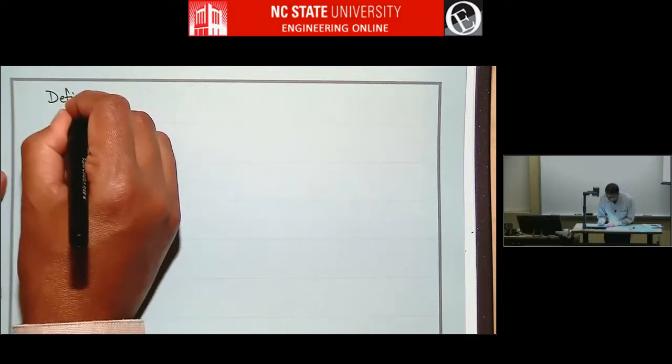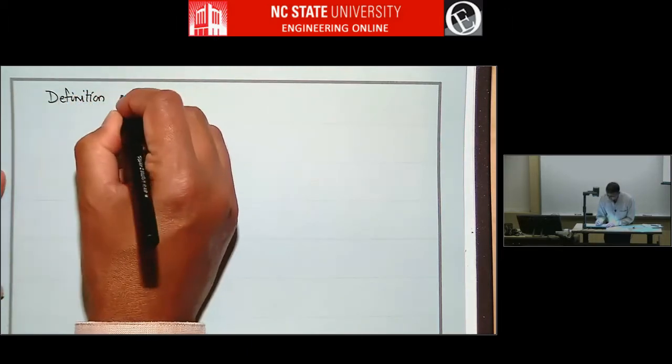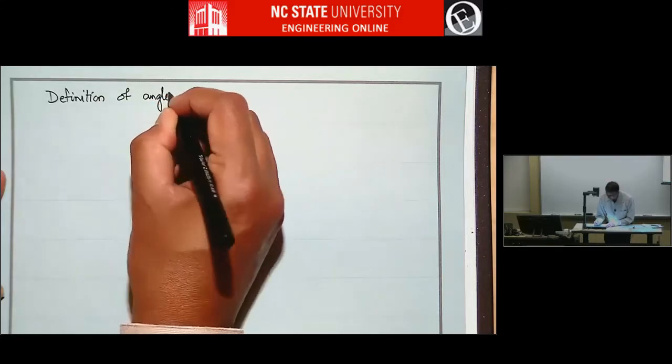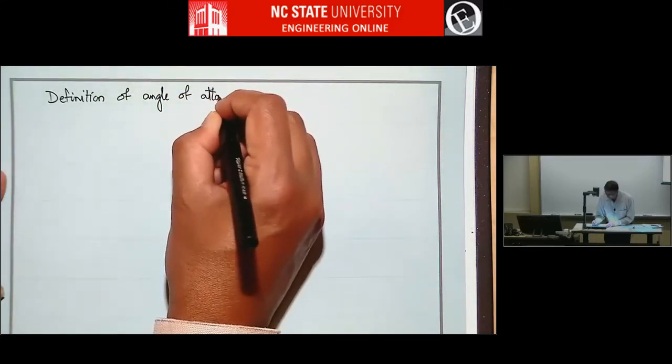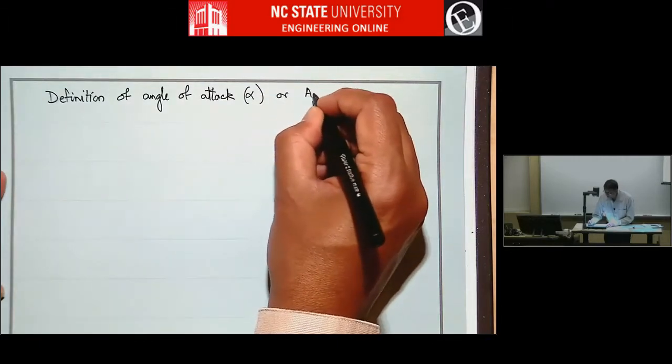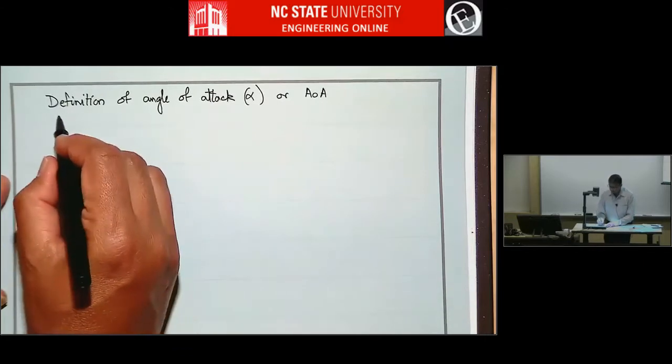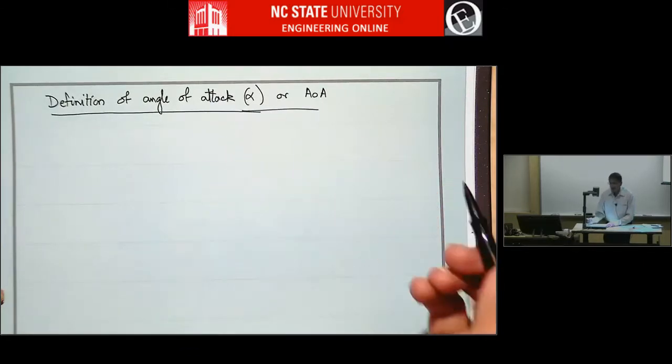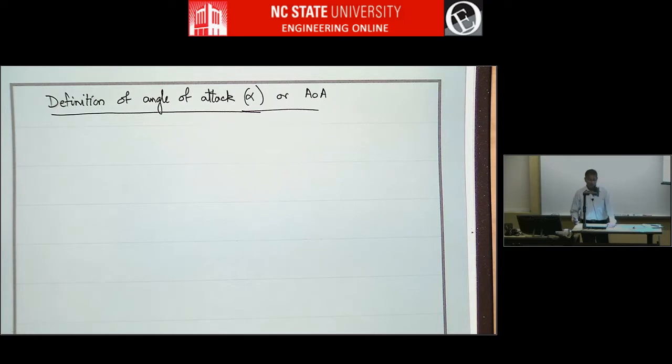Let's talk about the definition, because there are situations where the definition of angle of attack changes, even within airfoil aerodynamics, and definitely when you go to aircraft, there are different possible definitions. Somebody could take an aircraft and draw a line through the fuselage and say that's going to be used for angle of attack definition.